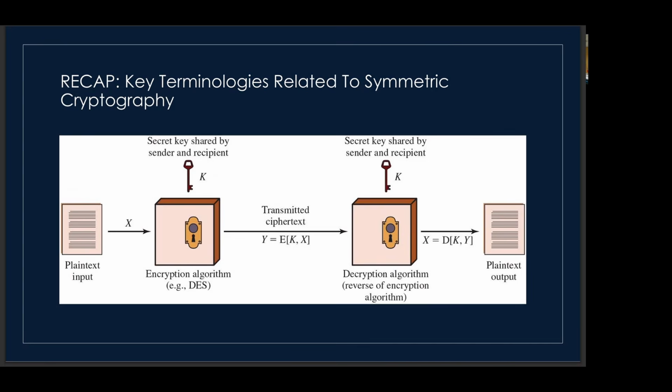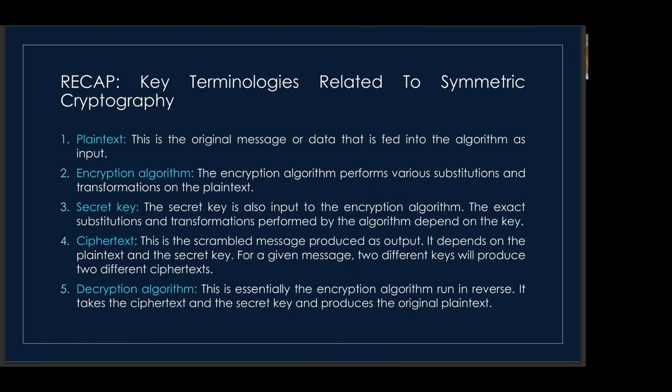Maybe later I will show you an example of the algorithm, because each algorithm has multiple approaches. Okay, this is the plain text, encryption algorithm, security, ciphertext, encryption algorithm. So you see here, encryption and decryption are actually the same algorithm but in reverse.